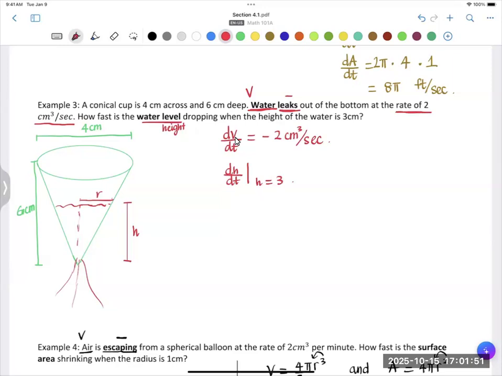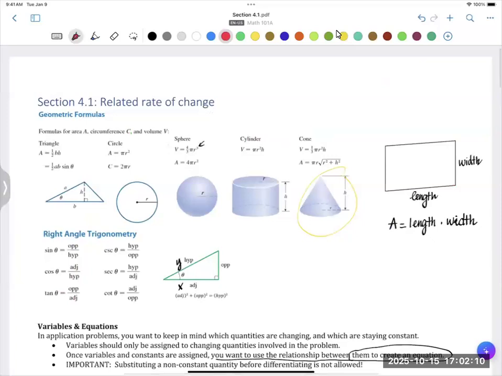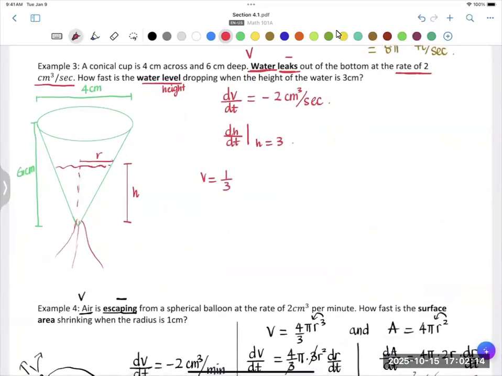One is for the volume and one is for the radius, relating the radius with h. Okay, so now let's do the volume. The volume of the cone is 1/3 pi r squared h.